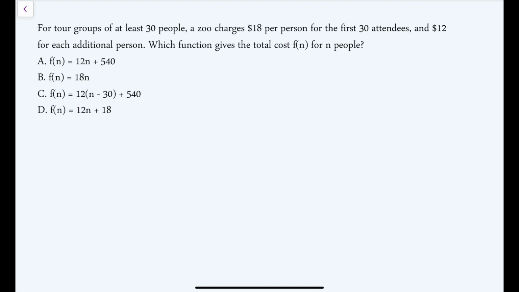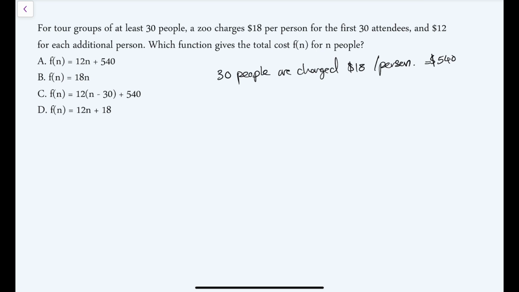So if 30 people are charged $18 per person, well, how much is that? Let's just break that down. The total cost for 30 people, that's going to be 30 times 18, right? Which is $540. So 30 people is $540.